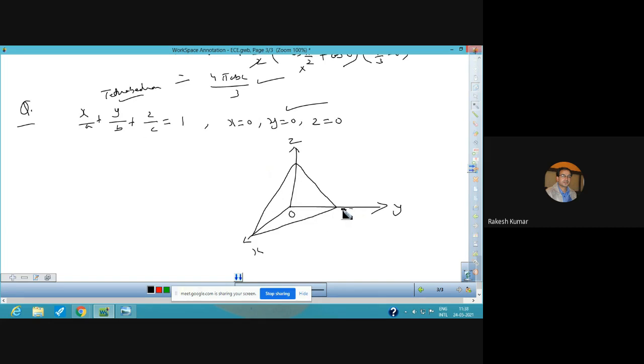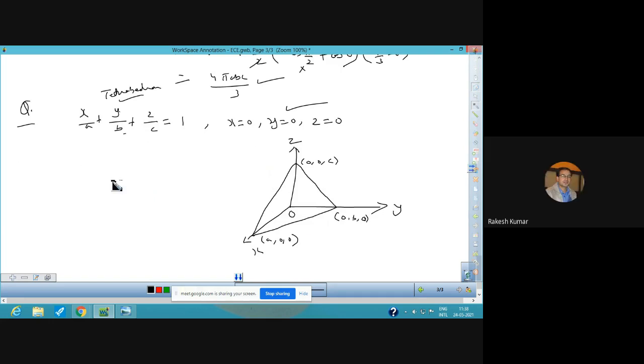Along the y-axis, you know that x is 0, z is 0. Substituting x = 0, z = 0, y will be equal to b, so this point is 0, b, 0. Similarly, this will be 0, 0, c. And this point will be a, 0, 0. So these are the points of the tetrahedron on the coordinate axes.